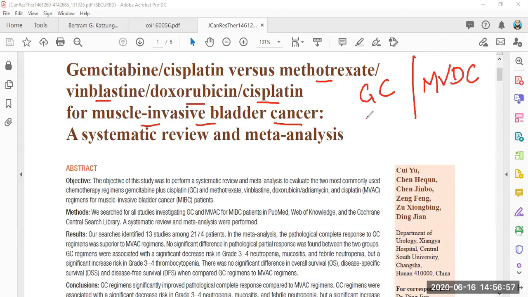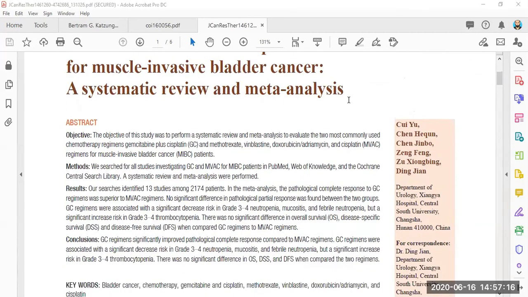So you can see there are two kinds of treatment that we are giving, and we need to review this paper to see which one is better for the treatment of muscle invasive bladder carcinoma. When they investigated, they found that GC, which stands for gemcitabine and cisplatin, has a better response as compared to the multiple drug therapy of methotrexate, vinblastine, doxorubicin, and cisplatin.